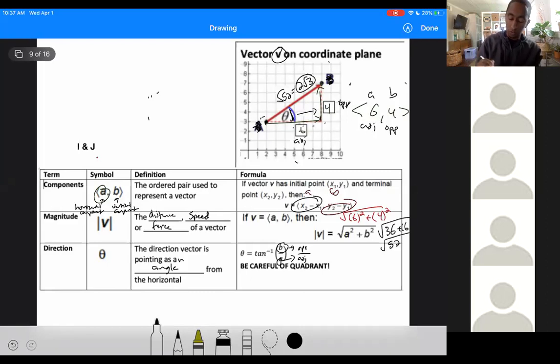So if we wanted to find this, we would just do tangent inverse of B, which is 4 over 6. That would give us what the angle is. You would need a calculator for that.